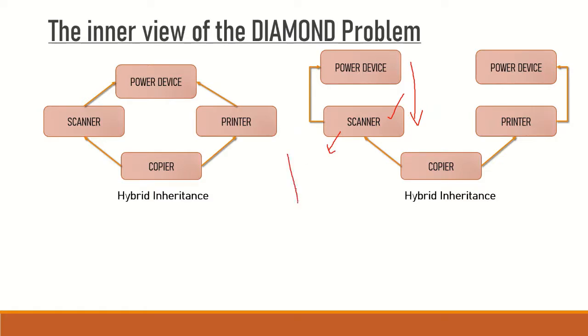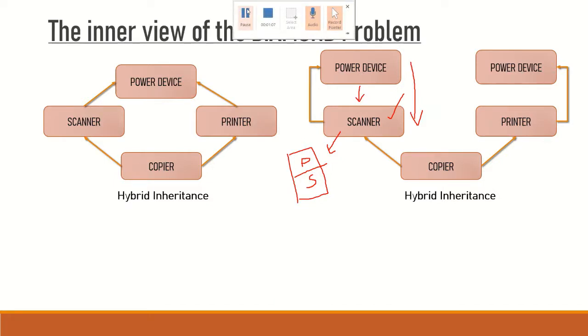So when you create an object of the scanner class, the scanner class will have a base part called power device. This is also called single inheritance. I hope you understand this.